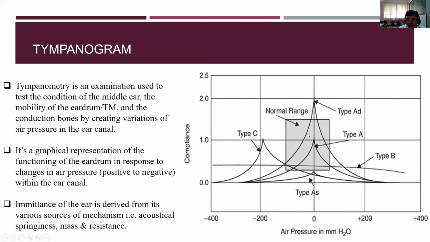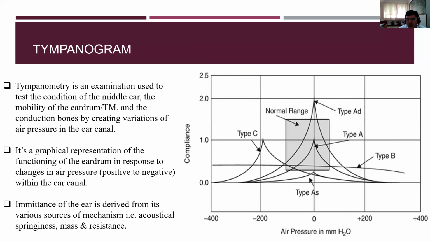And these different graphs help clinicians to understand whether individuals have normal functioning of the middle ear or there is any abnormality in the middle ear functioning. So basically, tympanometry is an examination which is used to assess the condition of the middle ear as well as the mobility of the eardrum, or the tympanic membrane, and the conduction bones by creating a vibration of air pressure in the canal.